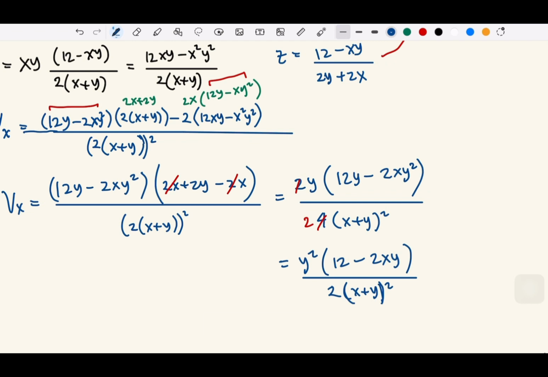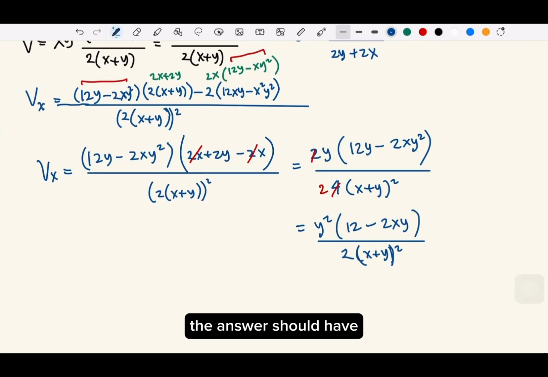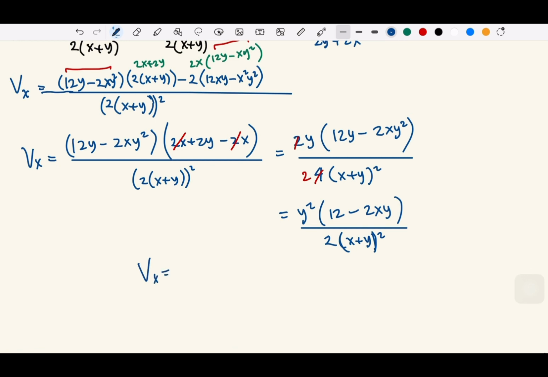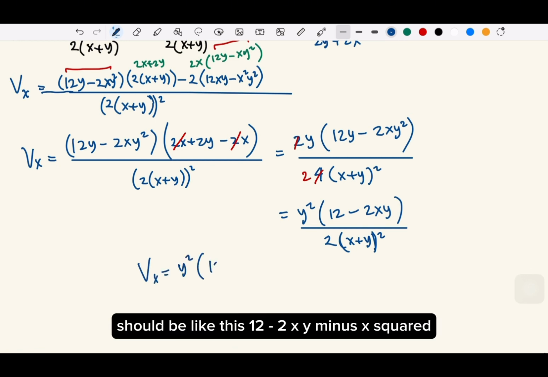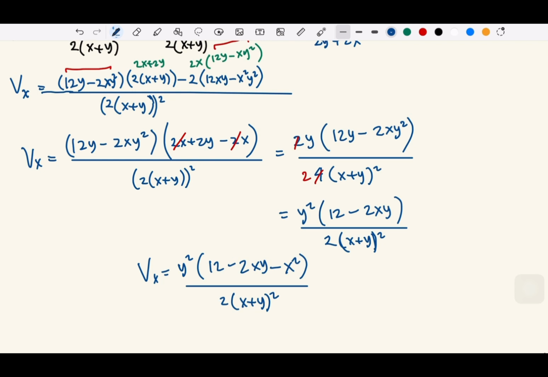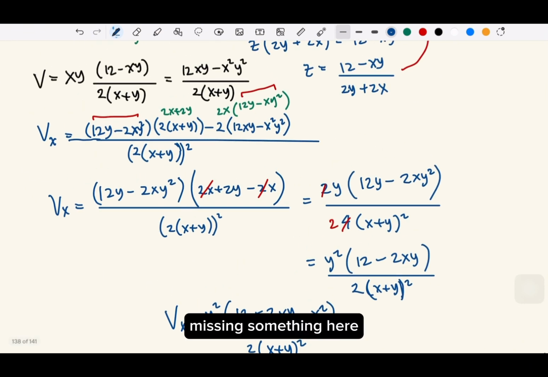Maybe you can check later, okay? The answer should have, I will check later, should be like this, 12 minus 2xy minus x squared. I also haven't checked the computations. It should be this. Did I somehow miss something here? I think no, right?